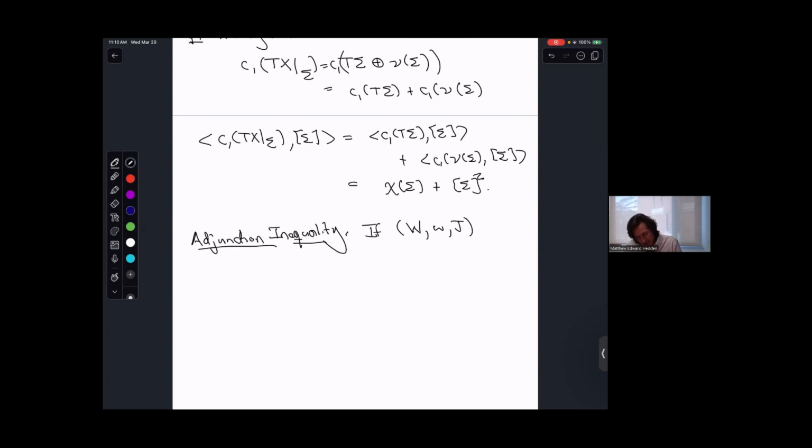Taubes in this situation gives us a non-vanishing result for the Seiberg-Witten invariant of W. He says that in the spin-c structure corresponding to the almost complex structure, we have a non-trivial Seiberg-Witten invariant, which then gives us this adjunction inequality.